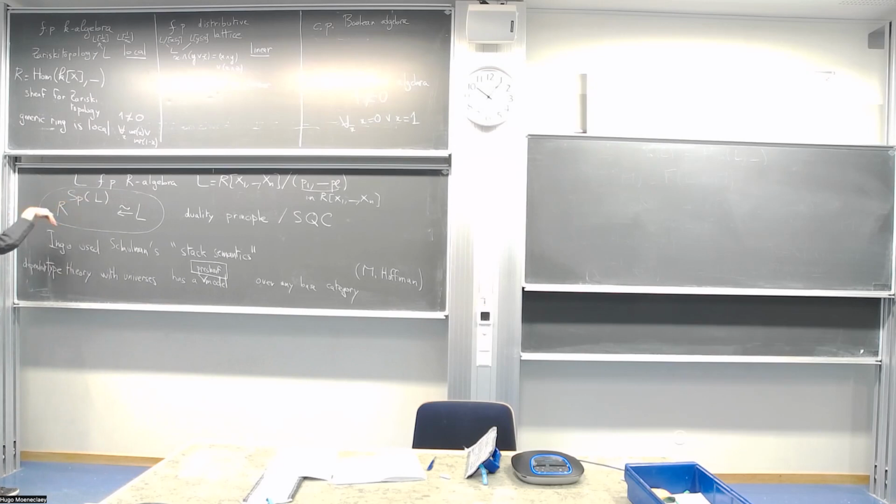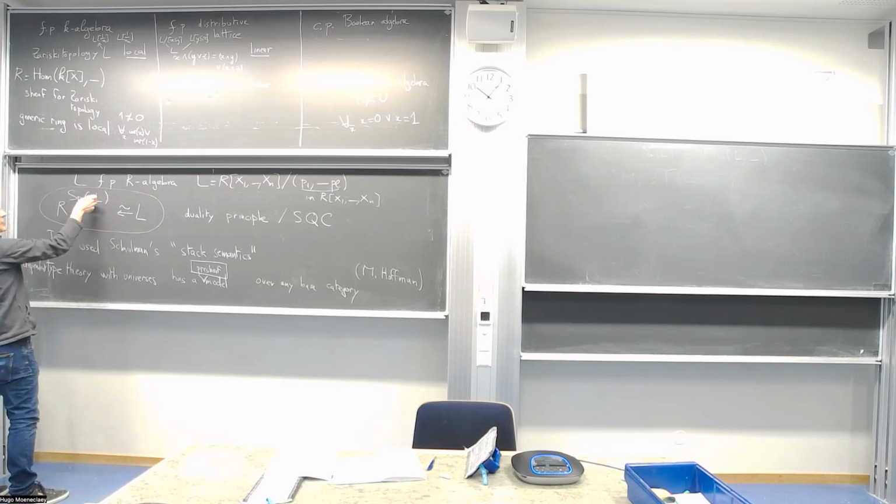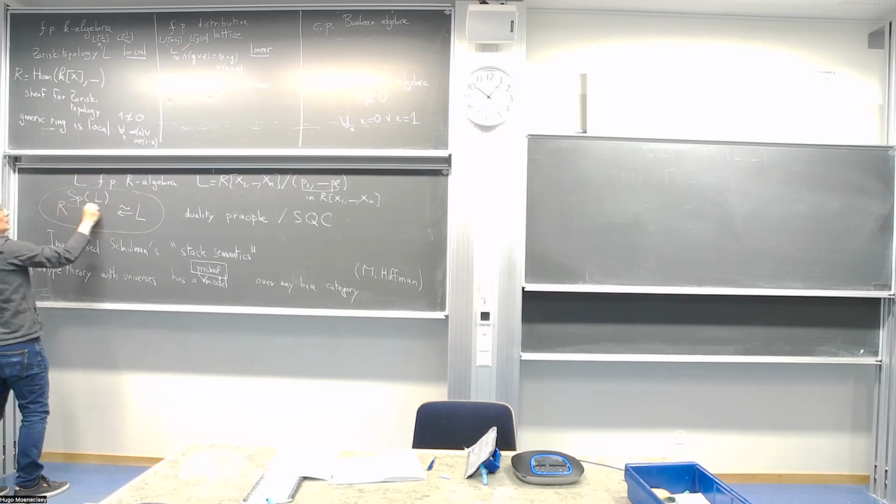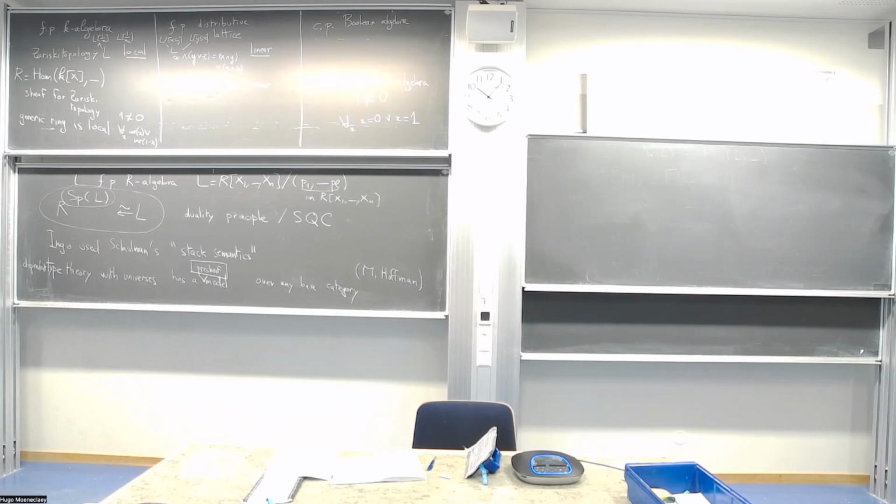L is not given globally, so it may not be given at the initial stage. It may be given at a stage M. But the key is that you can think of this as being presentable at a given stage.